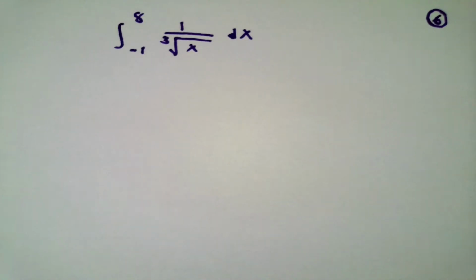But as we're going to see, the integral is perfectly well behaved, and actually, sort of bizarrely, if you didn't notice that there was a problem with the integrand, the 1 over cube root of x, and just blindly followed the antiderivative procedure, you would actually get the right answer, even though, because of the bad behavior of the function, that theorem isn't guaranteed to work here, but in fact it does.